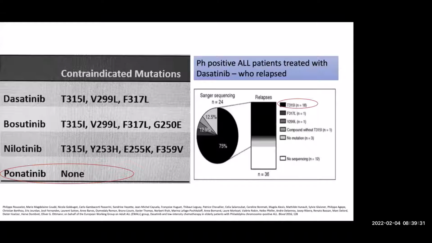Another important thing which comes while in the treatment of pH positive ALL patients is the development of different mutations. As we know, we are using different TKIs during the therapy, and patients invariably end up developing mutations.